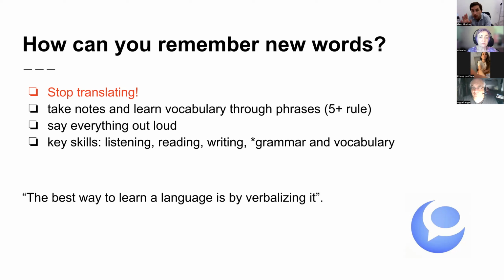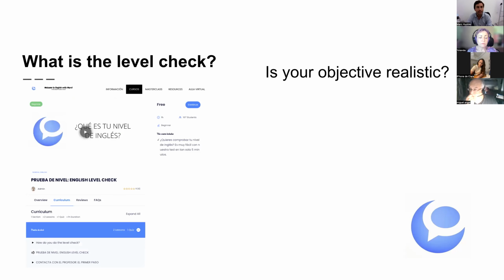We will learn grammar and vocabulary through speaking. Our method, our motto, I found a better word, is that the best way to learn a language is by verbalizing it. Take notes so you know what you are looking at, and say the phrases to activate your verbal memory.